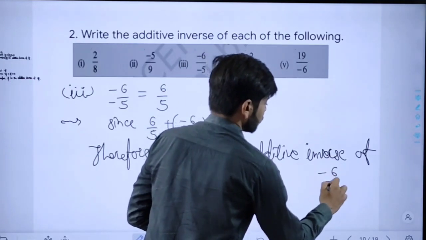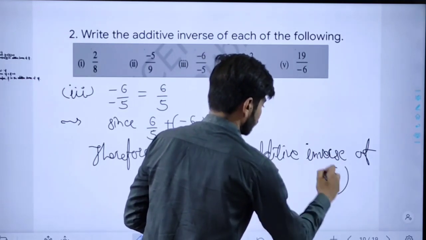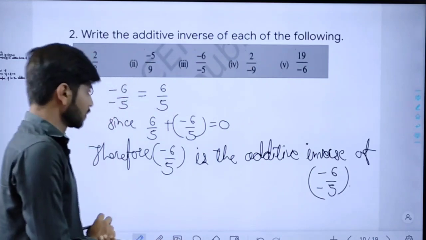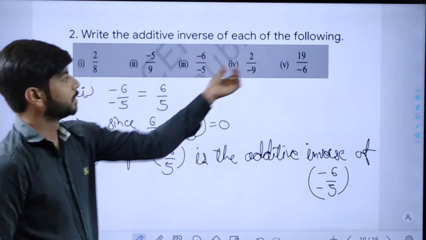So minus 6 upon minus 5. Okay, similarly you have to answer other two.